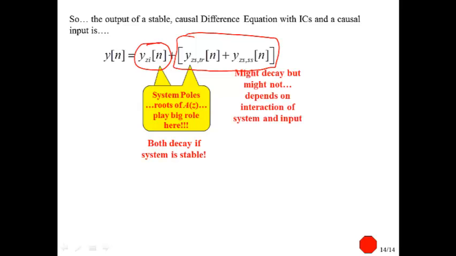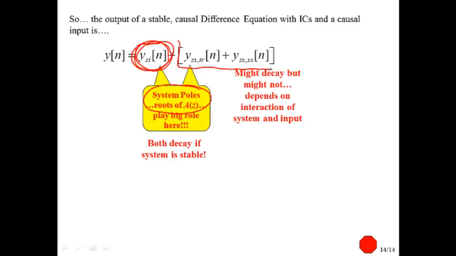The zero input part doesn't get broken down further, but we know that it behaves according to how the system poles tell it to behave. And if the system is stable, those terms will decay. They may decay oscillating, they may decay non-oscillating, but they will decay.